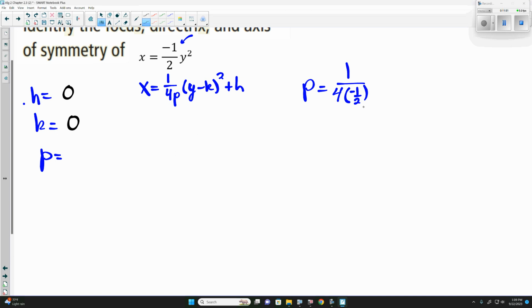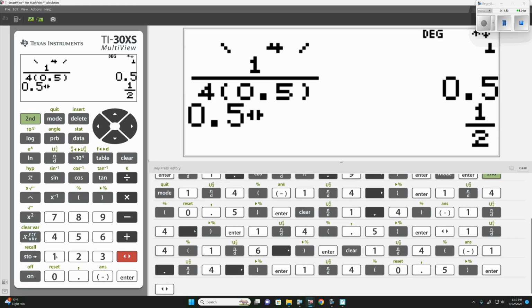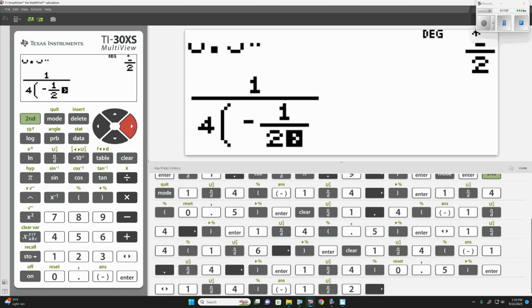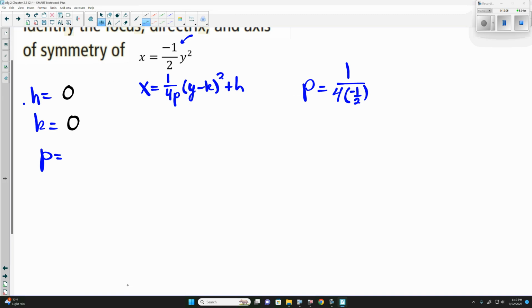We don't have to do any calculations to get it. So we can say 1 over 4 parentheses, negative 1/2, enter. It actually gives us negative 1/2. So the value of p for this here is negative 1/2. That's it.